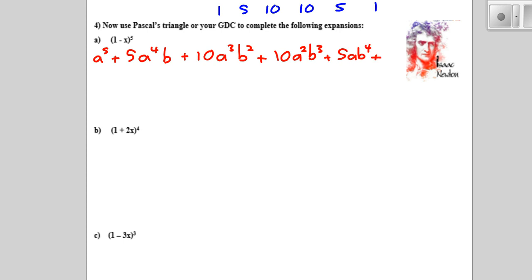B to the 5. So if it was 1 and negative x instead, you could think of that as 1 plus negative x, if that helps. We can now just replace the A's with the number 1 and replace the B's with negative x. I'm going to do it painfully, by subbing them in manually to begin with. Don't forget you've got the coefficients in there as well.